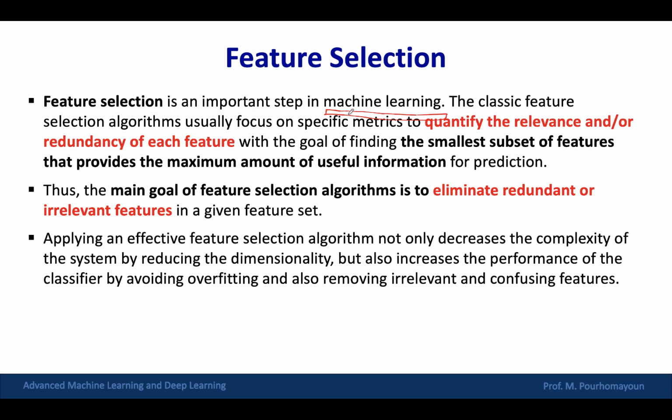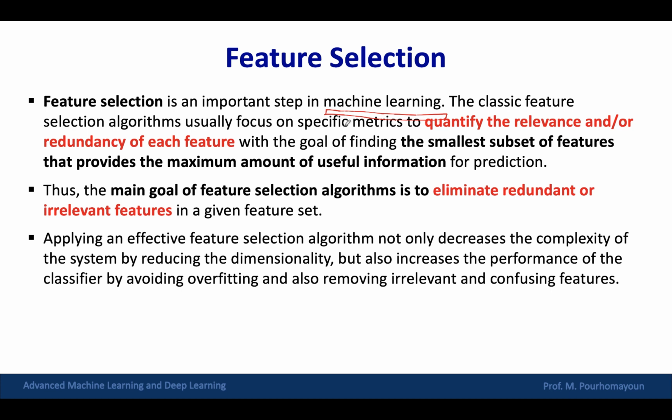The classic feature selection algorithm usually focus on specific metrics to quantify the relevance and/or redundancy of each feature. So we don't want a feature because it is not relevant or because it is redundant.